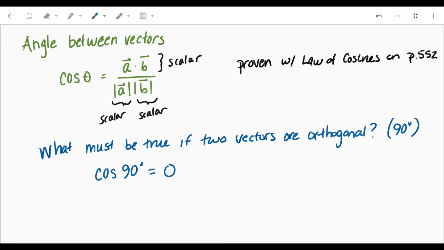Okay, so what that means then is that the dot product has to be 0. So that's an easy way to tell if two vectors are orthogonal, if the dot product is 0.